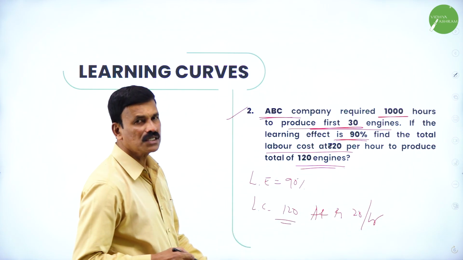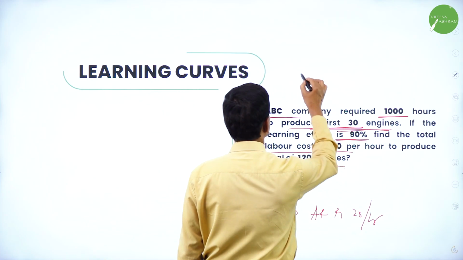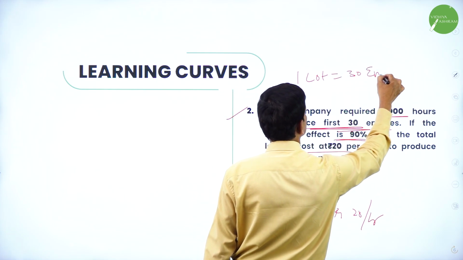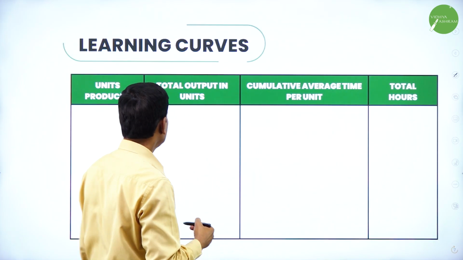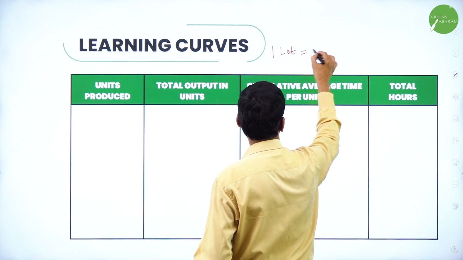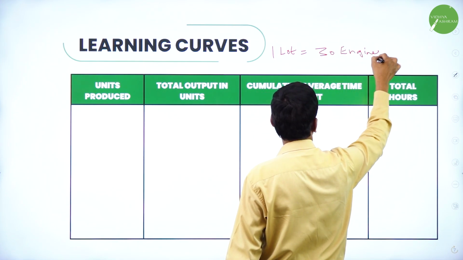So, the learning effect is 90%. Now, consider one lot is equal to 30 engines.